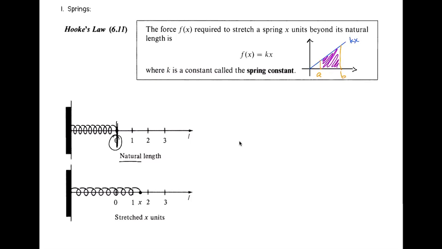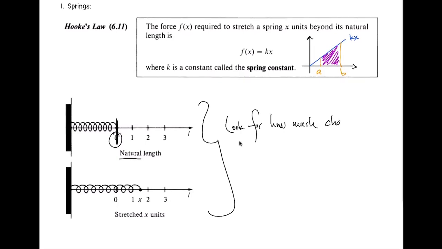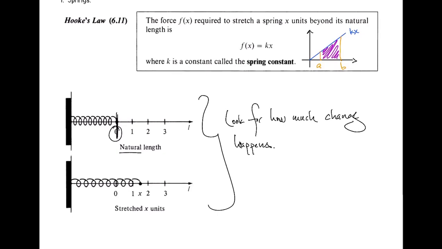So look for how much change happens, right? You can almost think about this like, sometimes some folks, let's say, are very talented academically, and they've always kind of been that way.